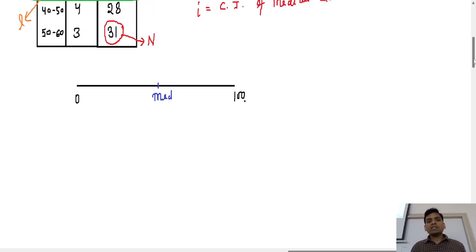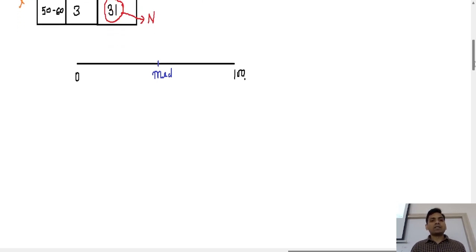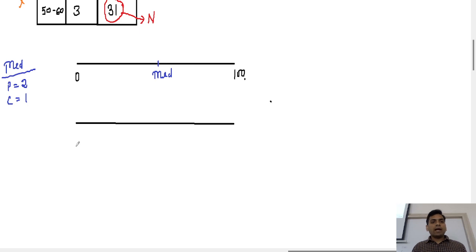And the whole data is divided into how many parts? 2 parts. So in case of median, number of parts is 2 and number of cuts is 1. Now second, we are considering quartile. Data again starts from 0 and goes to 100. Quartile is associated with quarter, which means 1/4 part of data.